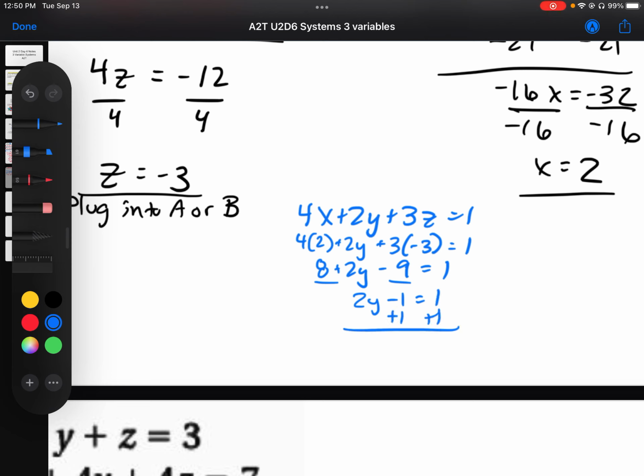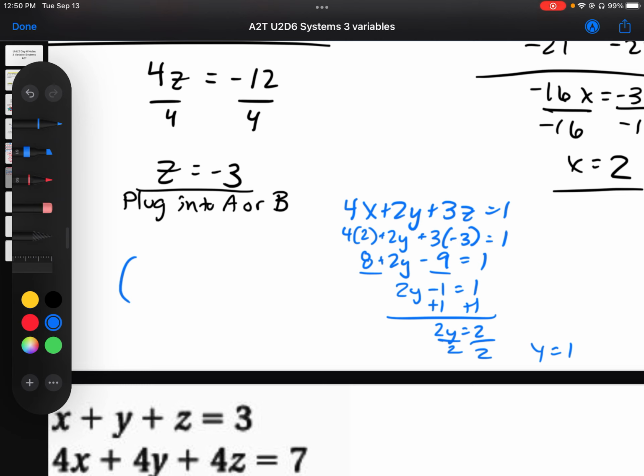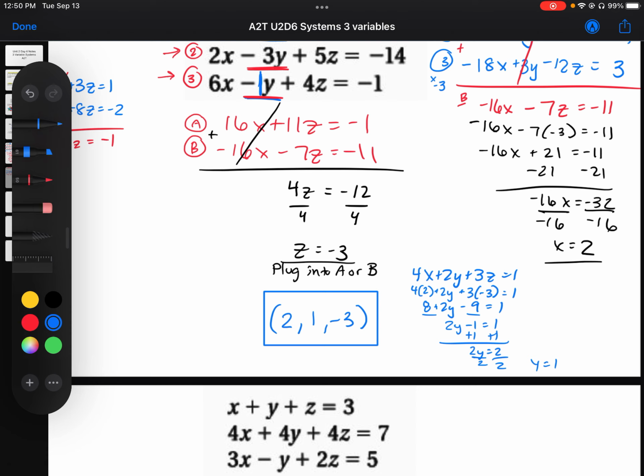Add 1 on both sides. Divide by 2. y equals 1. Okay, my final answer should be an ordered triple, x, y, z. So I have x is 2, y is 1, z is -3. Okay, try the next couple on your own.